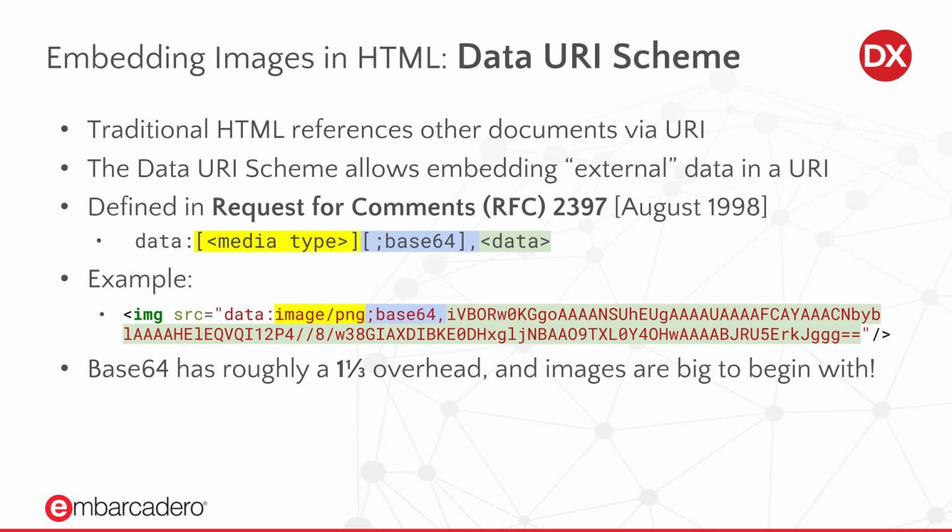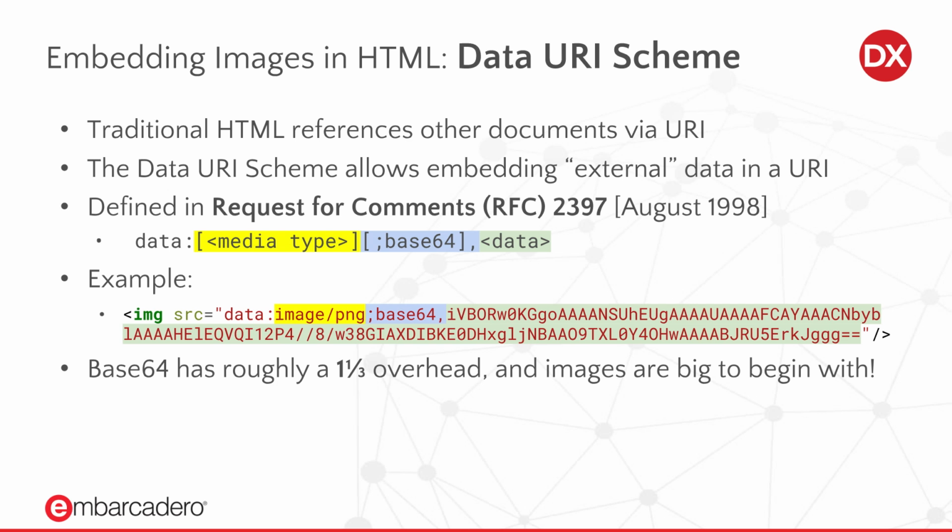To embed an image in HTML, we use what's called the data URI scheme. Here's an example of it. Right here, we're embedding a PNG as base64, and there's the base64 embedded PNG. Keep in mind, it's going to add a third to the size of the image to embed it in the HTML with base64.